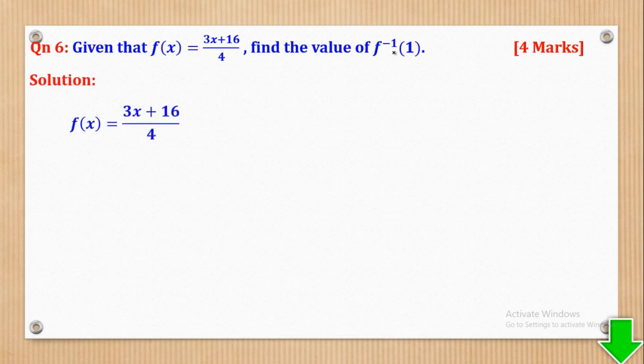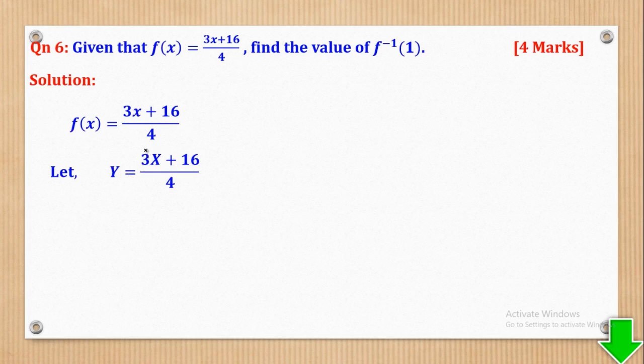Now to get the inverse of f(x), you first let capital Y be equal to f(x), and after that you replace this small x with capital X. So note that these are small letters, but after letting we use capital letters. You must remember that. After letting that, what we are looking for is to make capital X the subject.